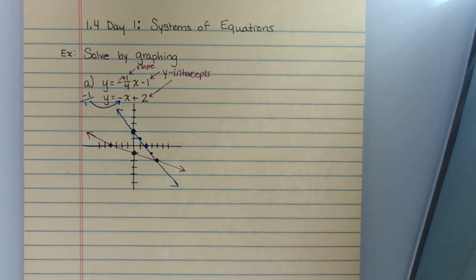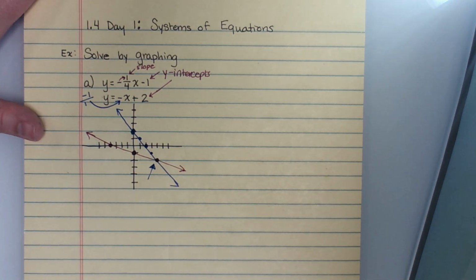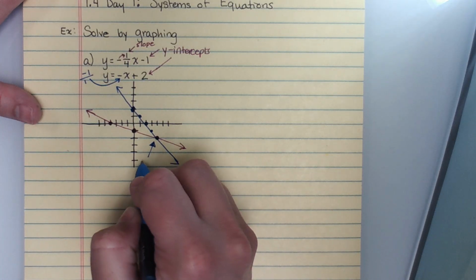The solution to a system is a coordinate point. It's the one coordinate point that the two graphs have in common. In this case, this is our answer. What is that coordinate point?